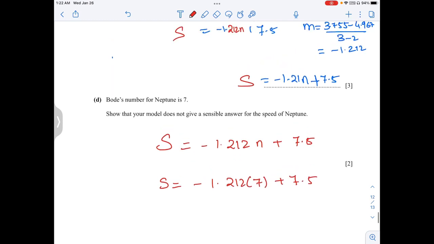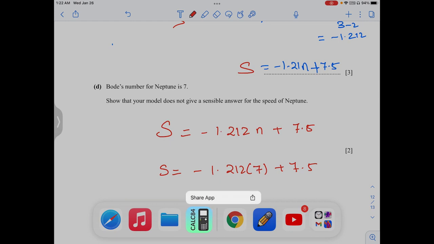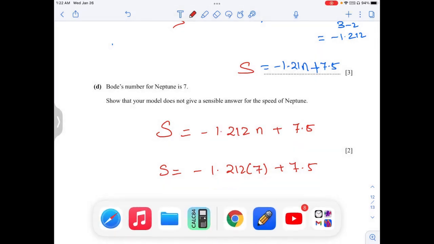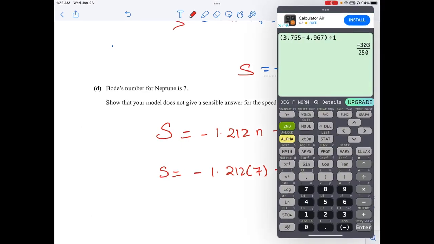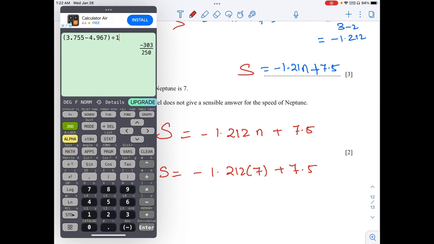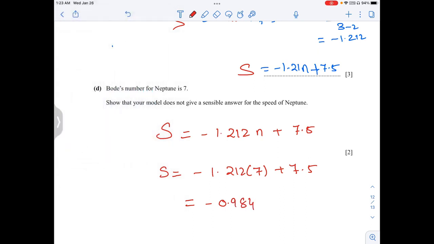So let us check what this answer is. I take this calculator: negative 1.212 times 7 plus 7.5. I'm getting the answer as negative 0.984.